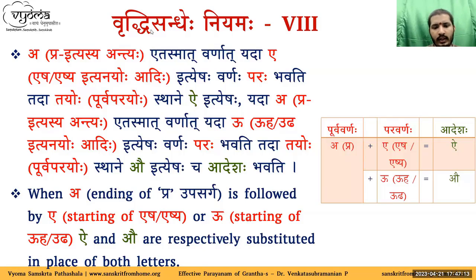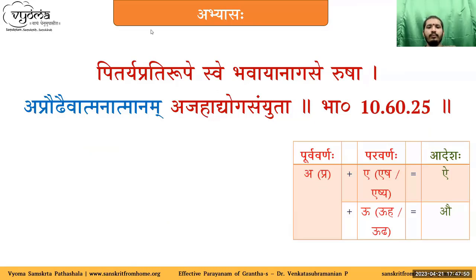There are 22 upasargas, and among them pra is one. So if the purvarna is akara, and it is followed by ekara, the starting letter of esha or aishya, or by ukara, the starting letter of uha or udha, then we get the adeshas ai or au respectively, which substitute the purvarna and paravarna simultaneously.